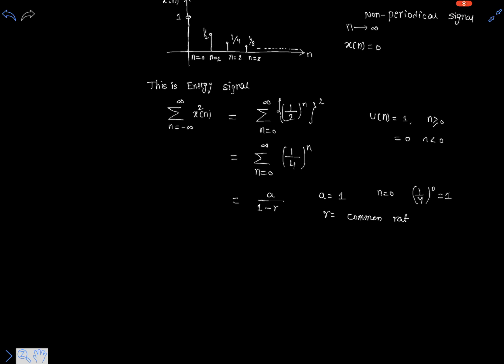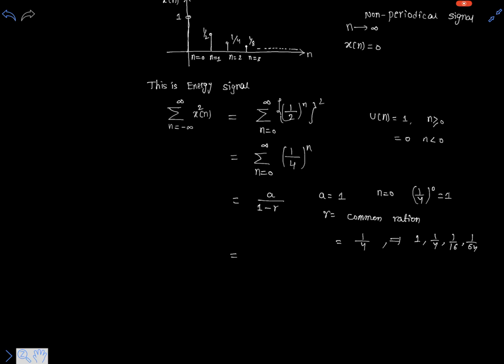The common ratio is the ratio between two consecutive terms, that is 1/4, because the series progresses like this: 1, 1/4, 1/16, 1/64. So the common ratio is simply 1/4.